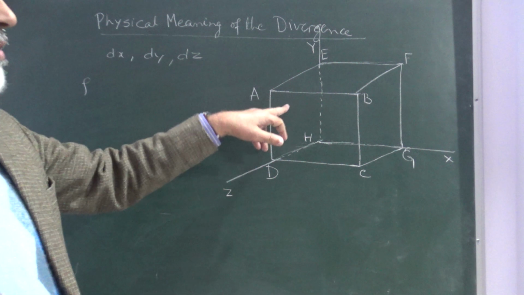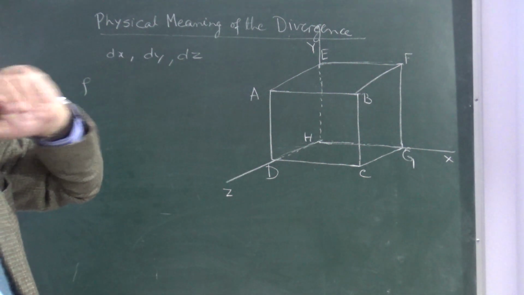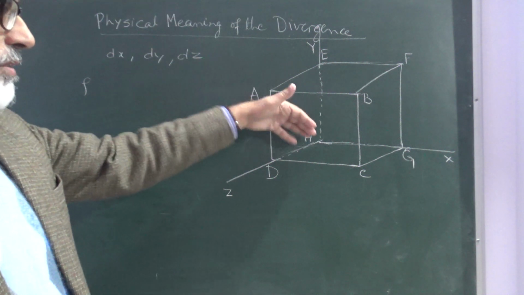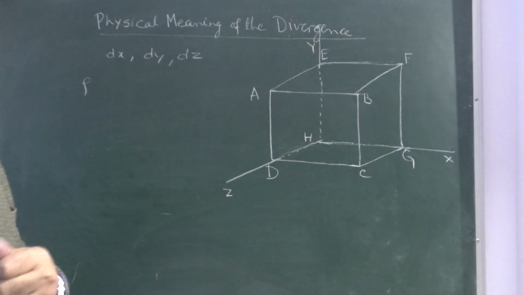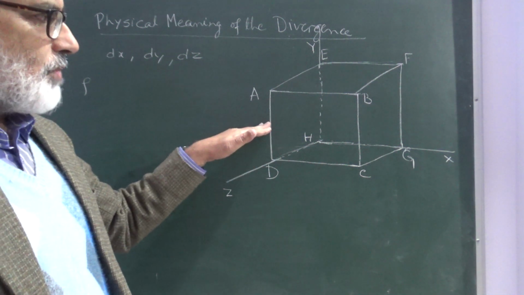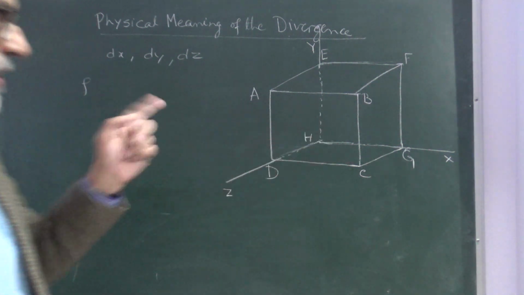The components of velocity are vx along the x-axis, vy along the y-axis and vz along the z-axis.